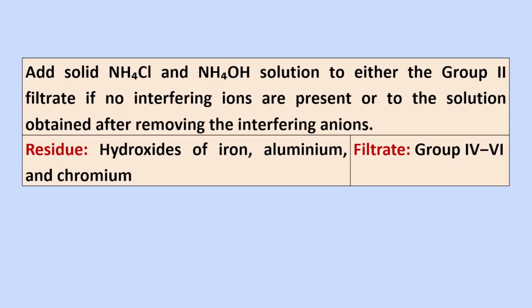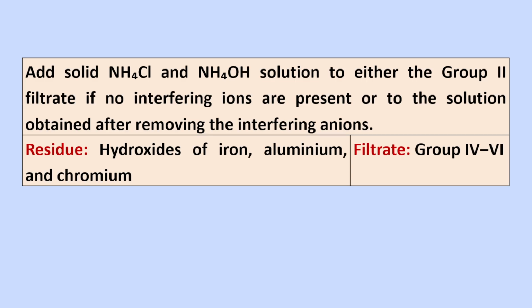Proceeding to the next stage in systematic qualitative analysis, the solution now either consists of the group 2 filtrate in case of no interfering anions, or the solution obtained after successful removal of interfering anions such as phosphate, oxalate, tartrate, borate or fluoride. To this solution, add a small amount of ammonium chloride followed by ammonium hydroxide solution.